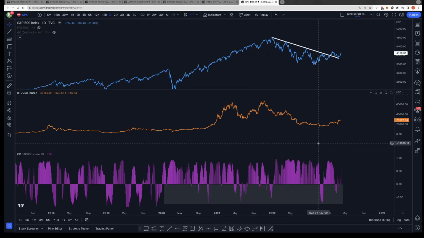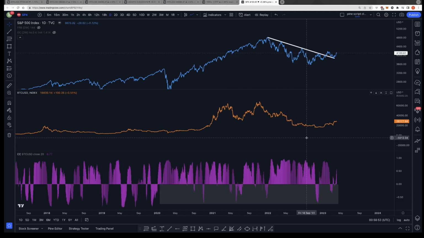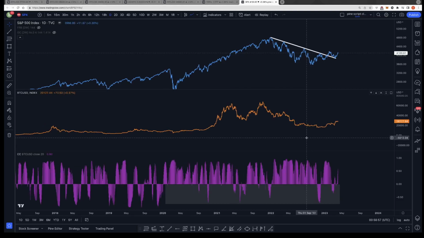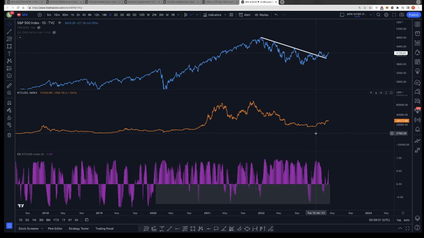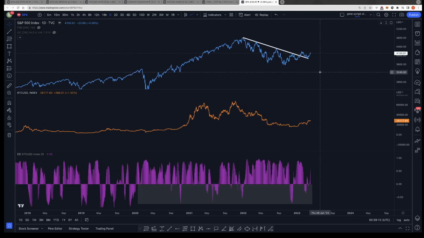So this is just a good way to look at these charts to see how things are moving, whether they're moving in tandem or not, and how often they are doing so. And you can use this with lots of other charts, other stocks, cryptos. It's a very useful tool to compare them to each other and see how they are moving together.